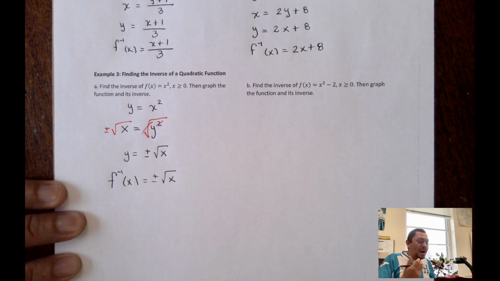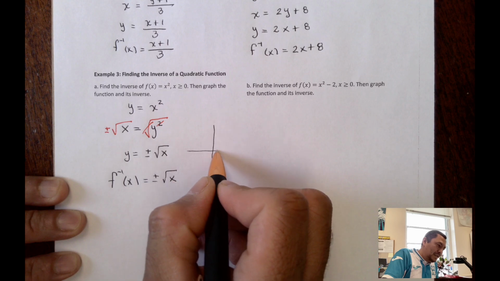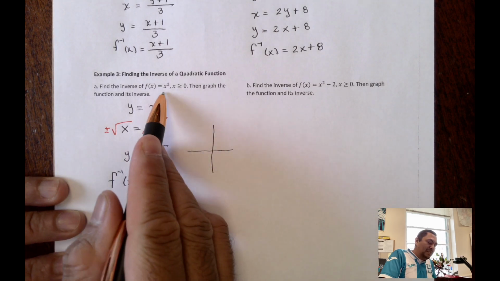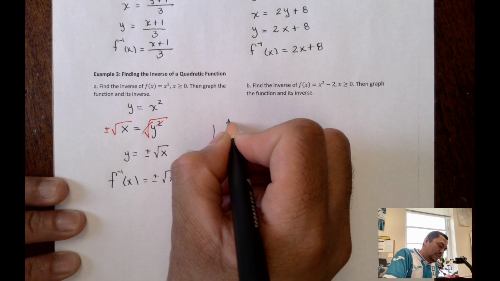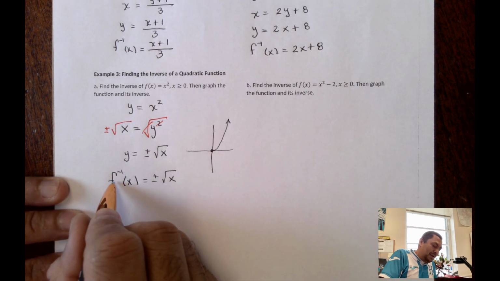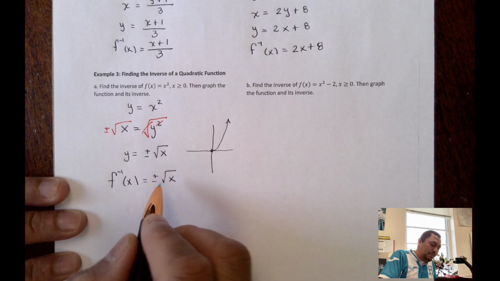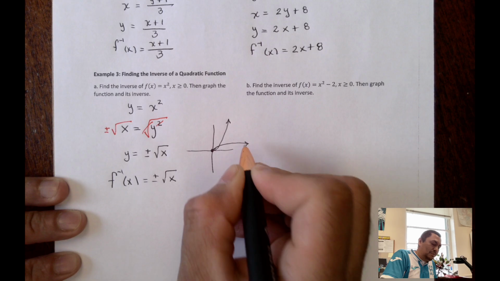Now, if we graph this function, I'm going to do a rough draft here. Remember, this is a parabola. So I'm going to start from 0 and it goes up to positive infinity in range. Now I have f inverse. I'm going to use the positive, so start from 0 and it goes this way.